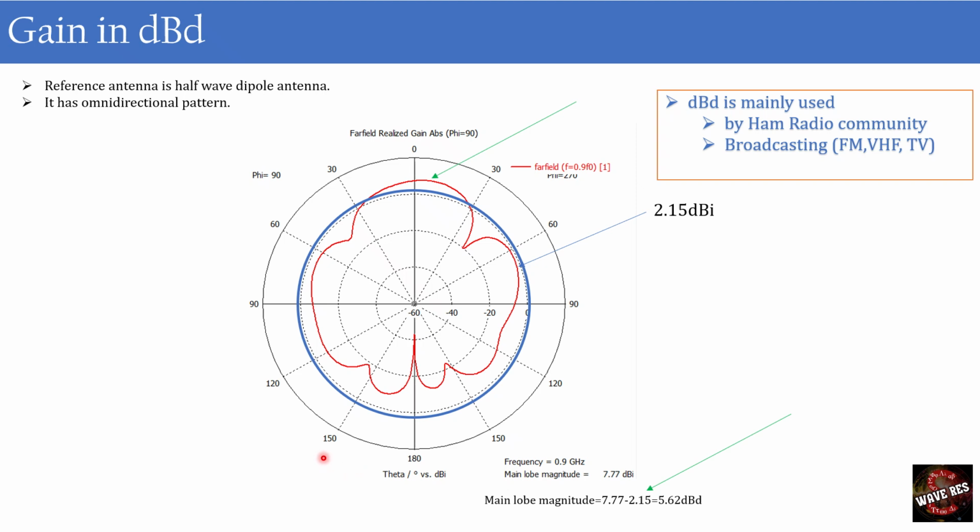The unit dBd was mainly used in old times, and you may have seen this scaling in old manuals, and it is usually used nowadays by the ham radio community and for broadcasting applications like FM and VHF TV applications. This dBd scaling is used because the dipole antenna forms the reference for these broadcasting applications. So if you want to specify the gain of any other antennas, we use dBd scaling.